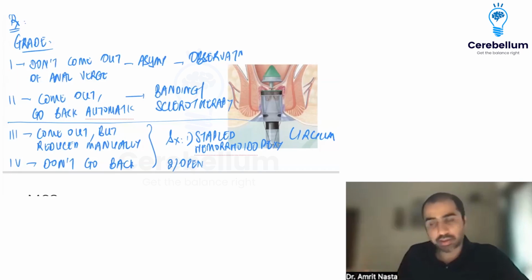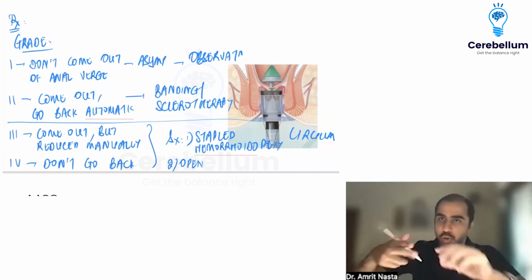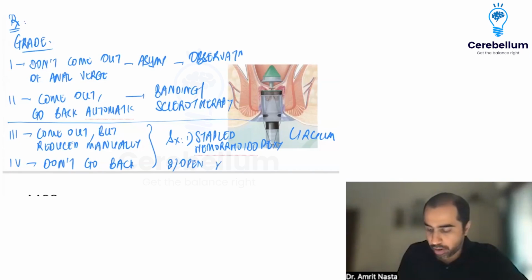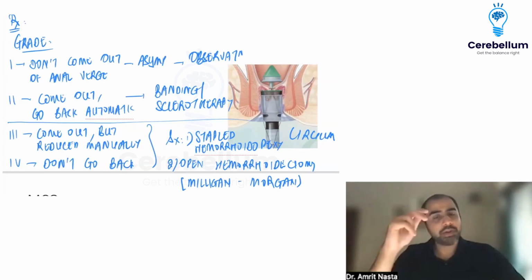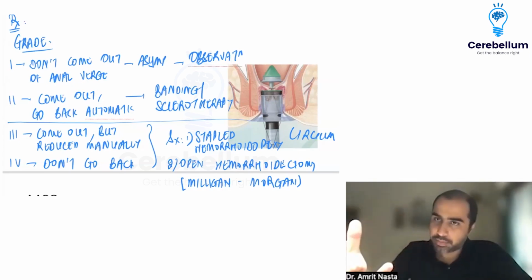And the other surgery, if you don't want to use stapler, you can do open surgery. That is called open hemorrhoidectomy. Right, that is open hemorrhoidectomy. Name of the person is Milligan Morgan. Milligan Morgan, open hemorrhoidectomy.